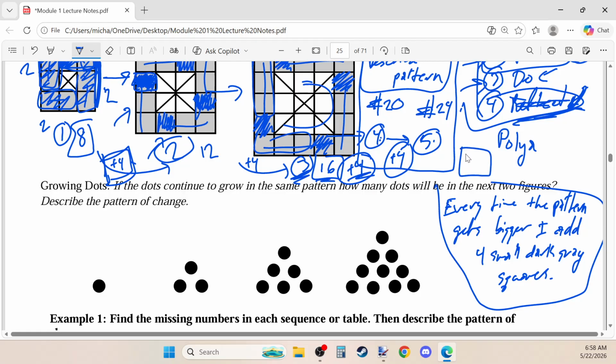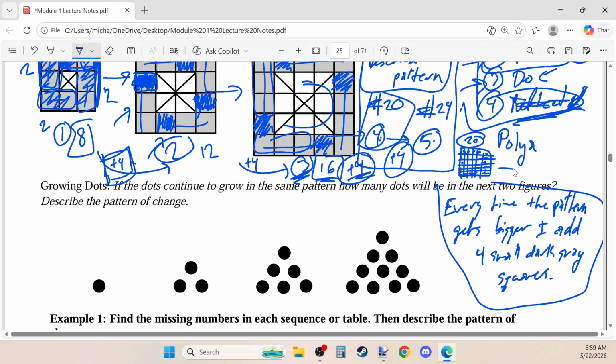If we drew out a 6x6 grid, 1, 2, 3, 4, 5, 6, 1, 2, 3, 4, 5, 6, 1, 2, 3, 4, 5, 6. Now if I count them, I go 1, 2, 3, 4, 5, 6, 7, 8, 9, 10, 11, 12, 13, 14, 15, 16, 17, 18, 19, and 20. It in fact did have 20 blocks like we said the next step would be.